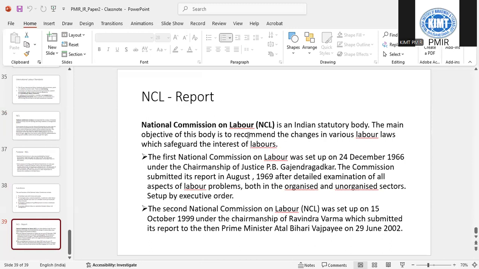Also, we'll understand the difference. We do not have a third labor commission so far. We have only two, the first one and the second one. These two may appear in the exam.